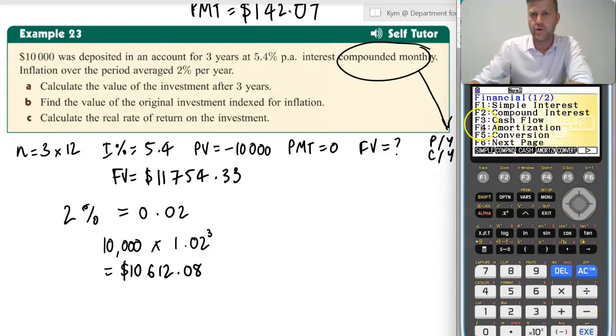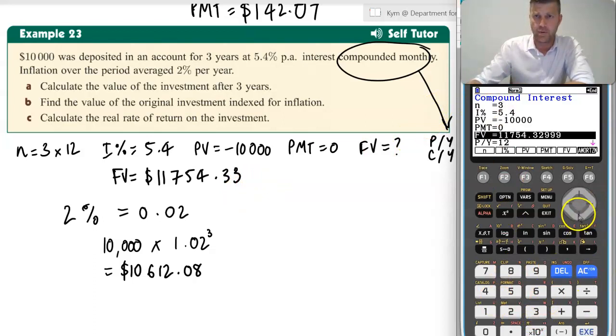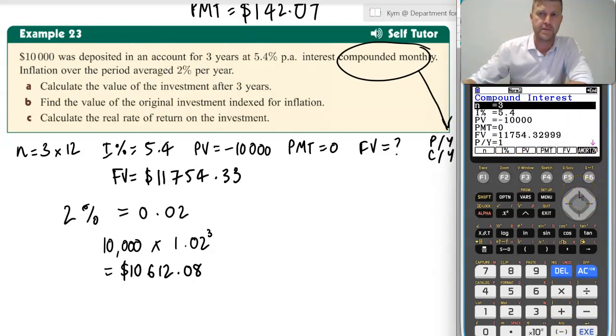and within compound interest, we're going to just make N 3 for 3 years, and we're going to change, let's go ahead and just change PY and CY to just 1, because we're talking about a percentage increase per year. So just 1 increase per year in terms of the 2% increase.